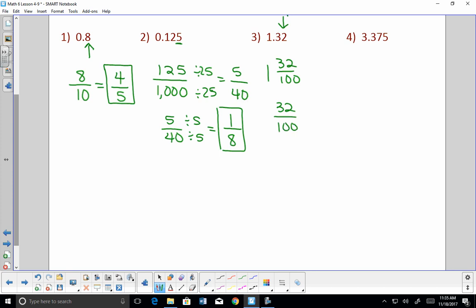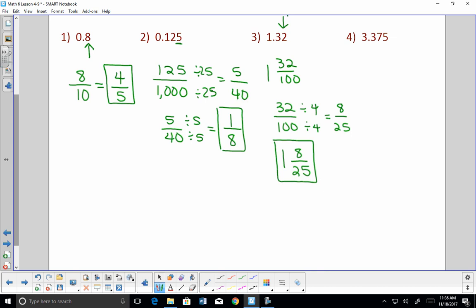I know that 32 is divisible by 4, and 100 is divisible by 4. 32 divided by 4 is 8, 100 divided by 4 is 25. So 1 and 32/100ths reduces to 1 and 8/25ths, and 1 and 8/25ths is the fractional equivalent of 1 and 32 hundredths, or 1.32.